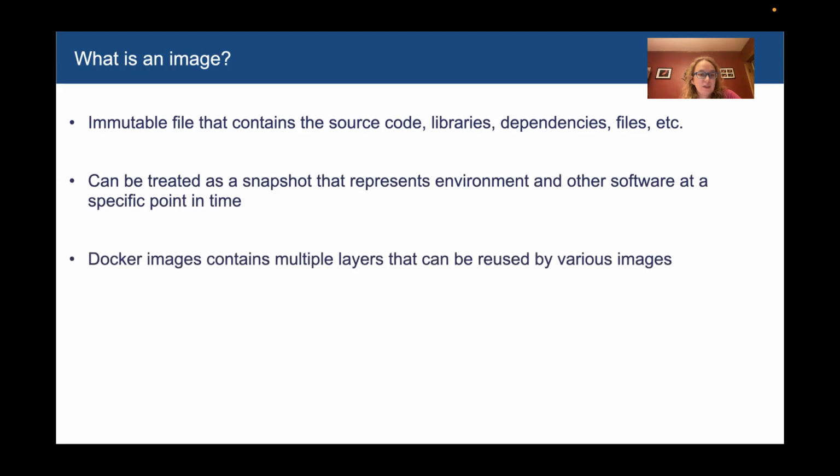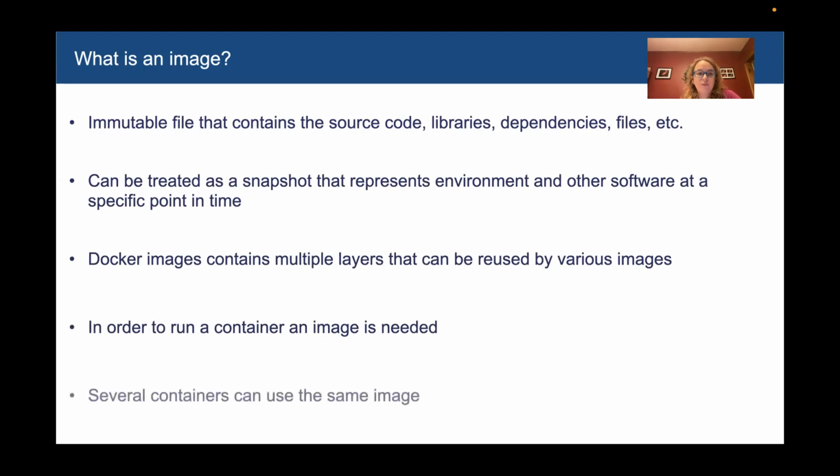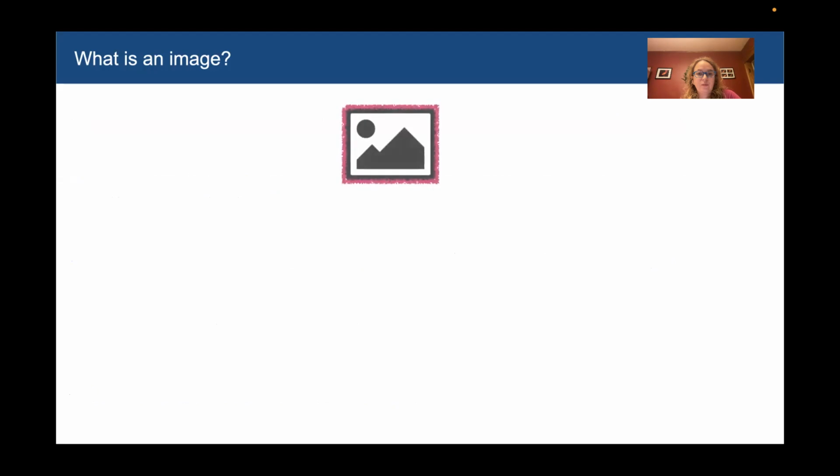A Docker image, from a technical point of view, contains multiple layers that can be reused by various images. In order to run a container, you always have to have an image on your laptop. Several containers can run the same image.